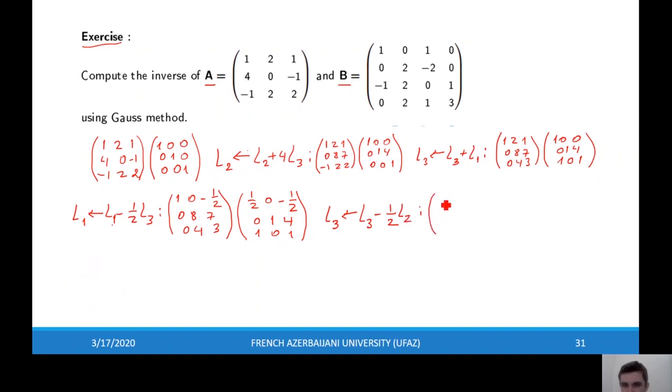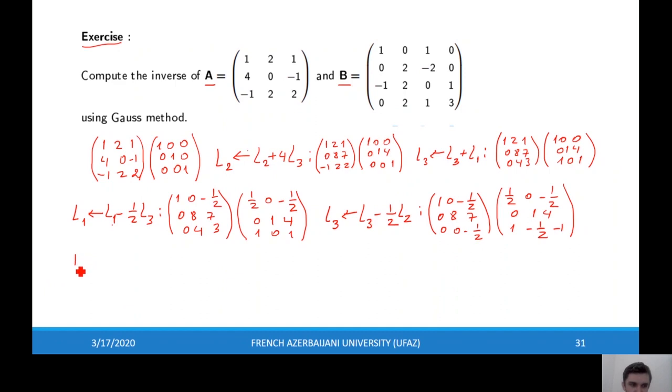Then the result will be 1, 0, minus 1 over 2, 0, 8, 7, 0, 0, minus 1 over 2, and 1 over 2, 0, minus 1 over 2, 0, 1, 4, 1, minus 1 over 2, minus 1. As you know, all of the elements except the diagonal elements must be 0.